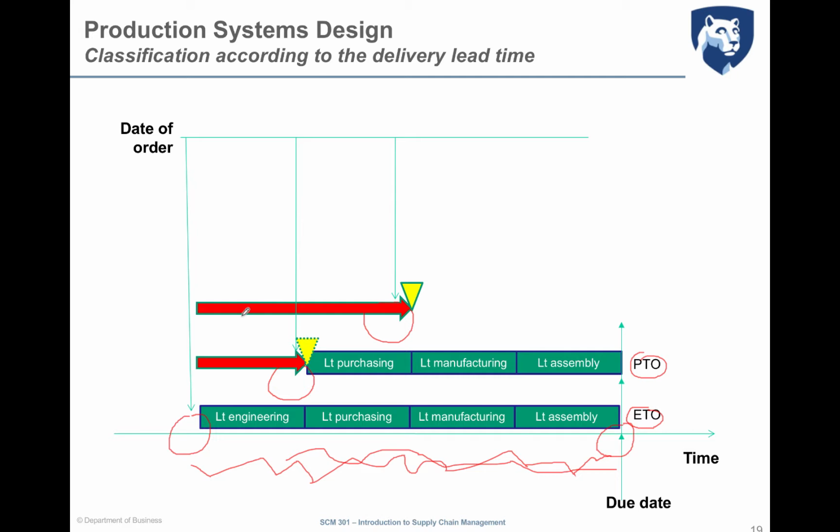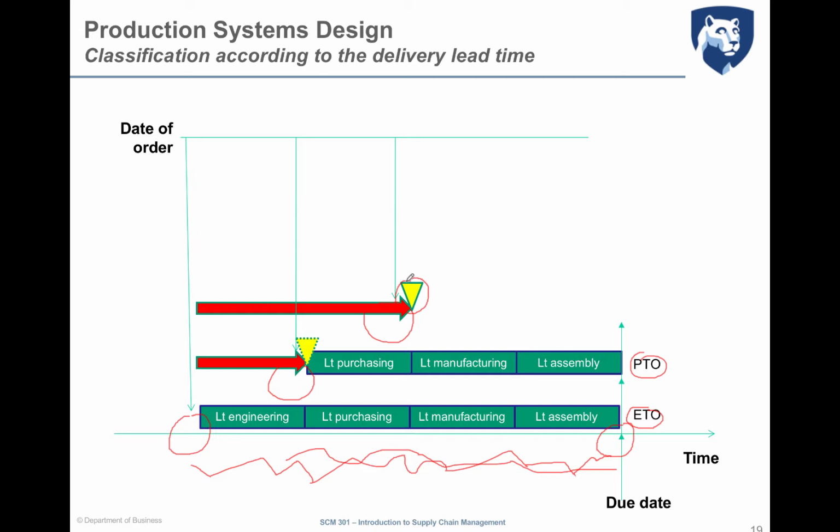So material, parts, sub-assemblies which are needed to realize the product should already be in the inventory. In fact, as you see here, the inventory is real. You should already have inventory of raw materials, components, and sub-assemblies to realize the final product.